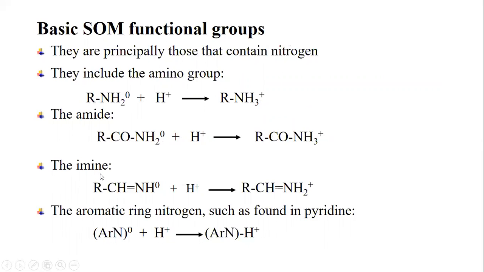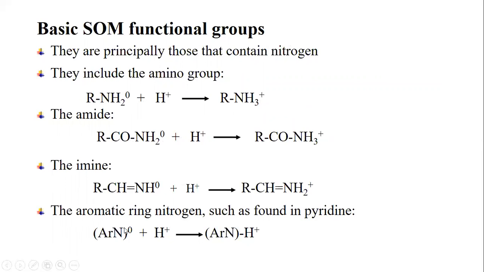The imine, some people say imine. Again, you have a double bond between carbon and nitrogen, and so it takes the hydrogen and becomes positive. Then we have the aromatic ring nitrogen, such as found in pyridine.